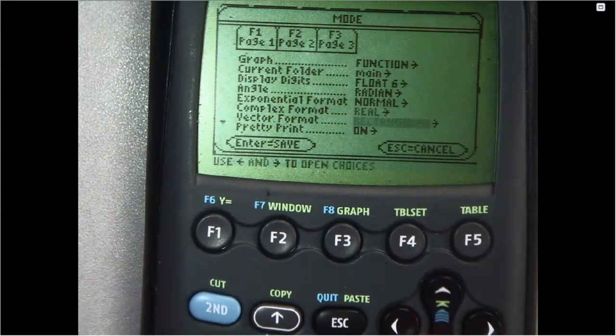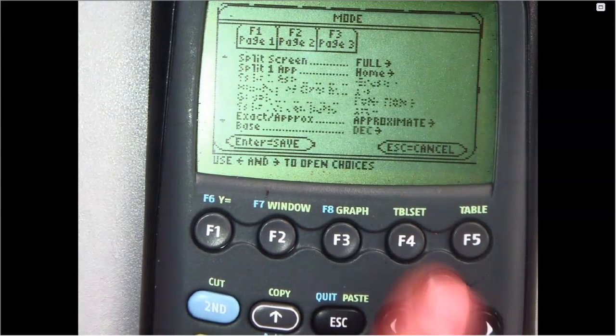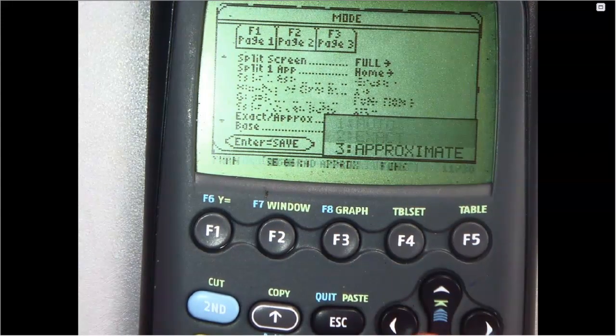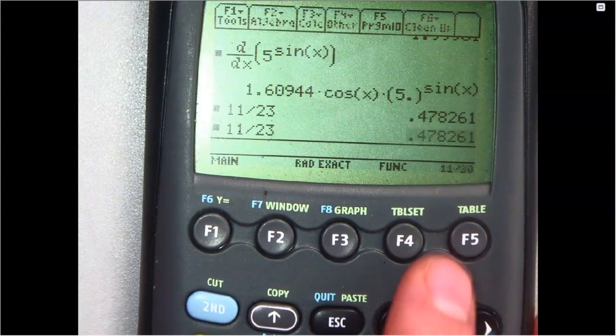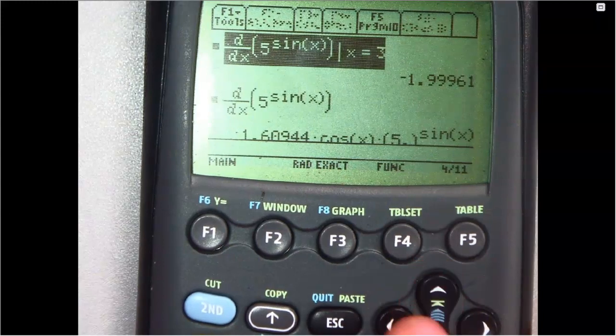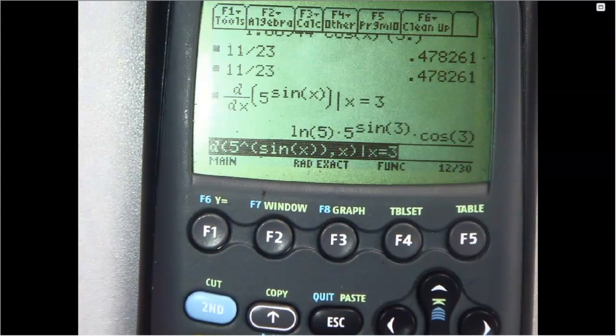Alright. So if you are in exact, when you did that problem, you got that, right? So that's like the gateway: 5 to the sine of x times cosine times ln of whatever.